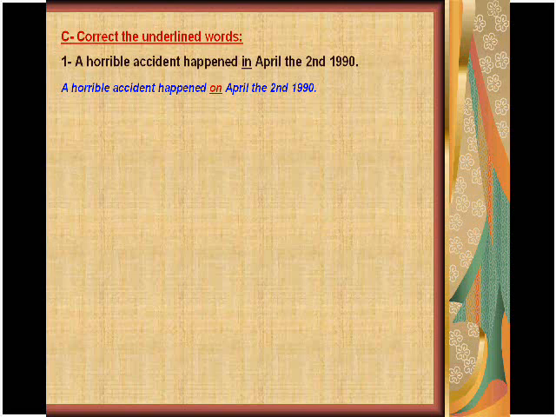Yes, it should be on. So prepositions of time, when I deal with dates, I have to use on. So I changed in into on. So it's a horrible accident happened on April the 2nd, 1990. When I have dates, I need to use the preposition on.